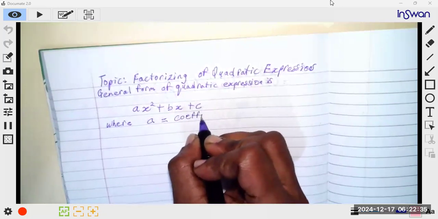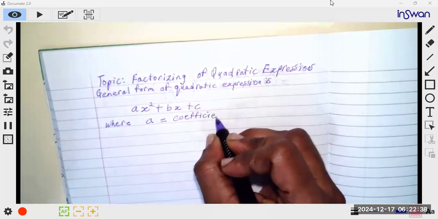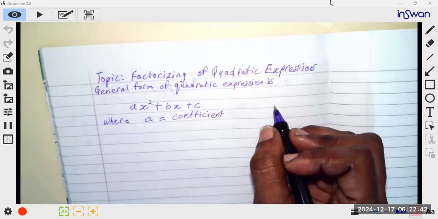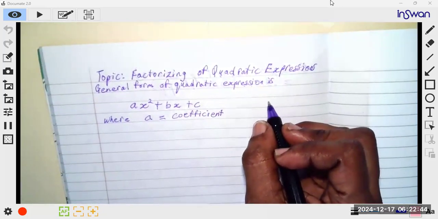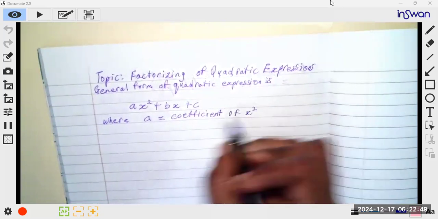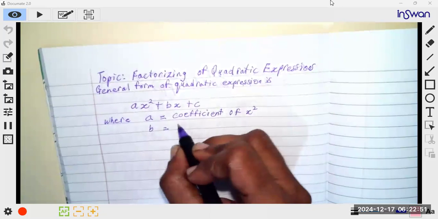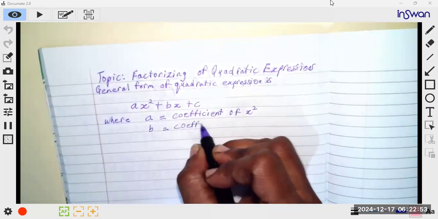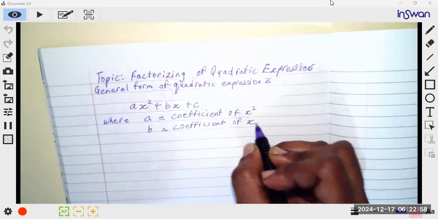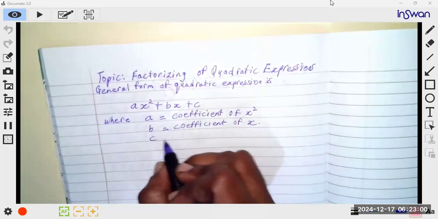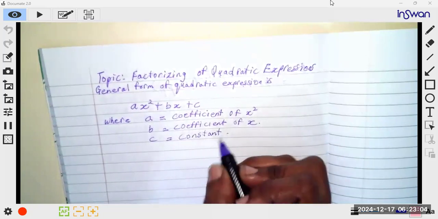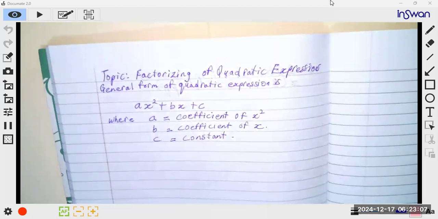That is a big word, coefficient. A coefficient means it's pointing to the number in front of the x squared. So a is the coefficient of x squared. b is equal to the coefficient of x, that is the number in front of the x. And c is your constant. Your constant doesn't have any x whatsoever. And that's a quadratic expression.